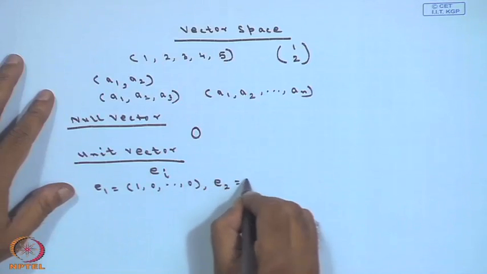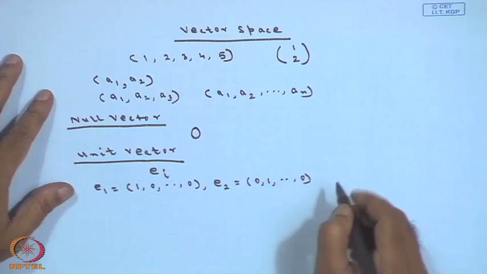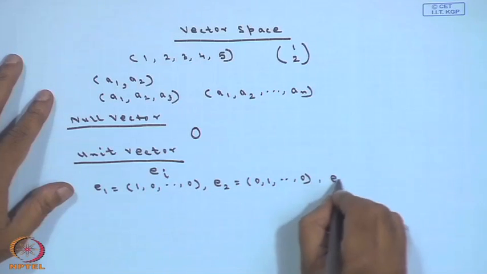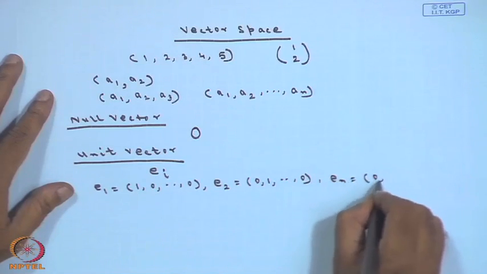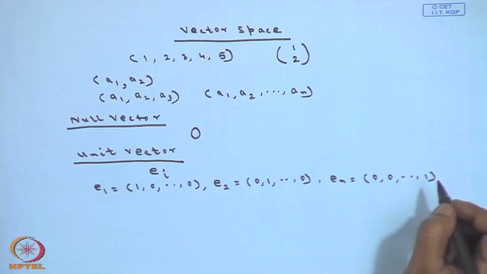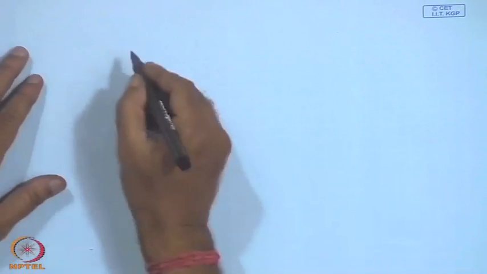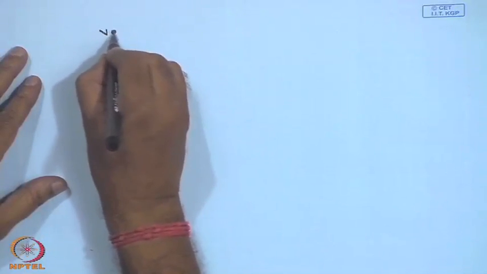Similarly, if I am writing E2, the second component will be 1, all other components will be 0, and if I am writing En, then the last component will be 1, all other components will be 0. So, this is your unit vector. Now, come to the vector space.